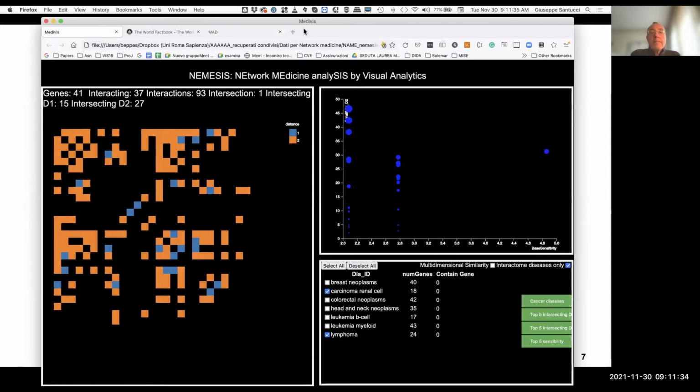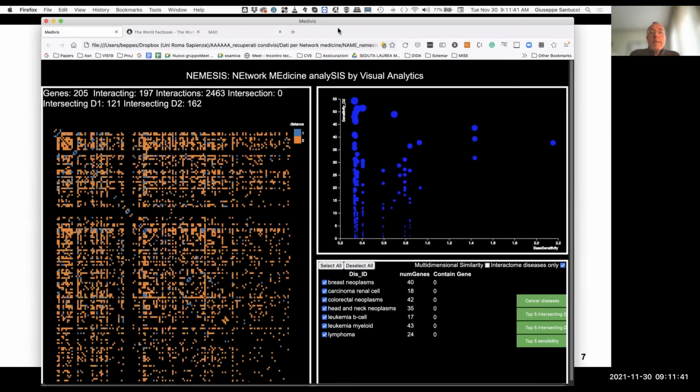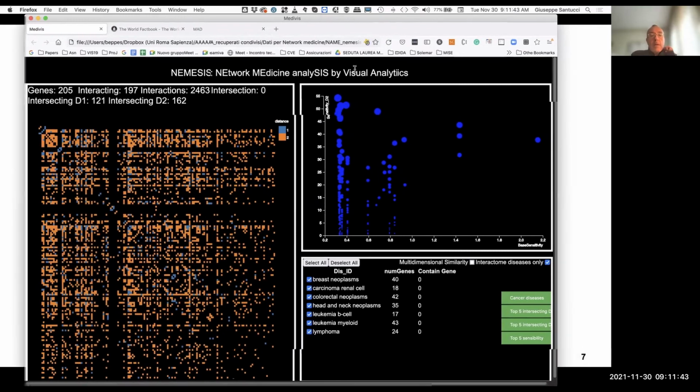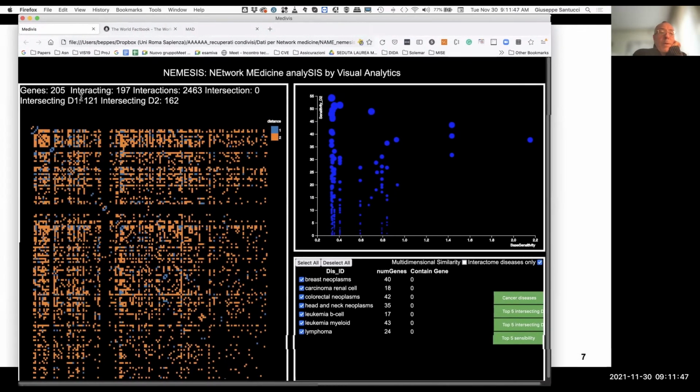Here it is. Let me reset the story. Okay. We are observing here 200 genes, a portion of the interactome. And now you can see how the interaction helped me.